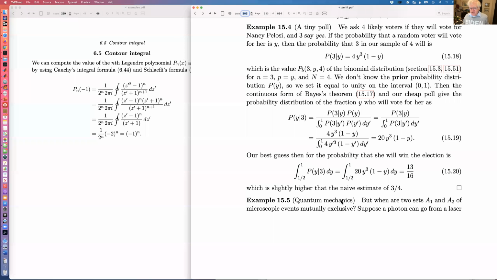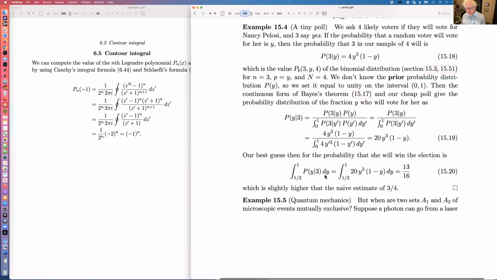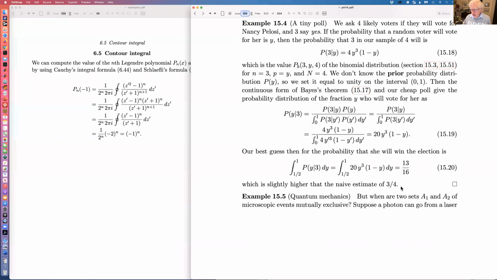There might be a more sophisticated way to compute the probability of her winning. I just integrated the P of Y given 3 from 1/2, which is even money, to 1, she'll certainly win. And I got 13 over 16, which is a little higher than the naive estimate of 3 over 4.